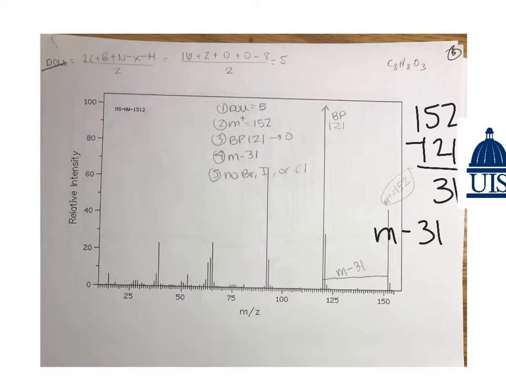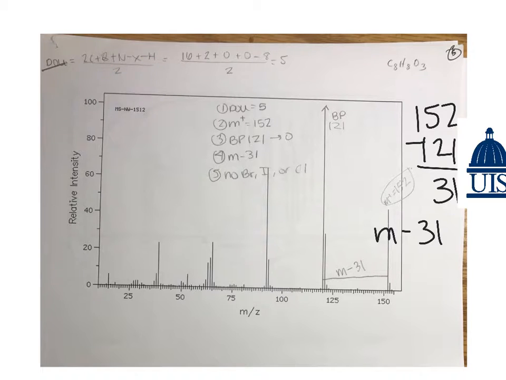After that, we can do our degree of unsaturation using this equation up here, which is 2C plus 2 plus the number of nitrogens minus halogens minus hydrogens, and all of that over 2.